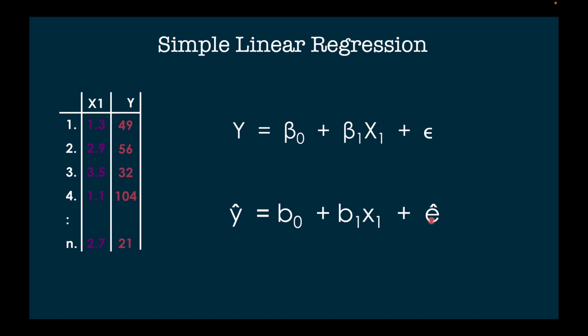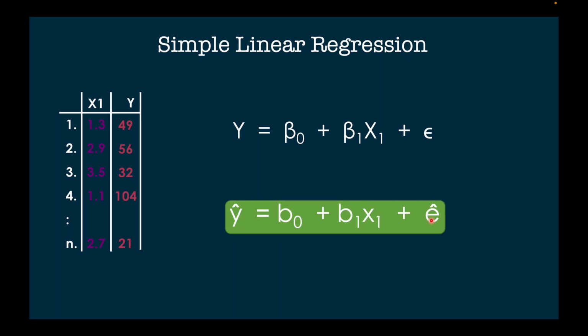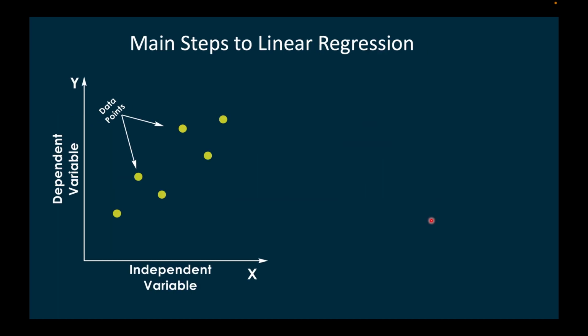Now, the big question is, how do we get this equation? The first step is to draw a scatter plot between the independent variable and the dependent variable for various data points. In this example here, I have 6 data points.